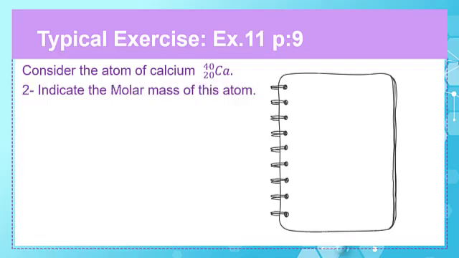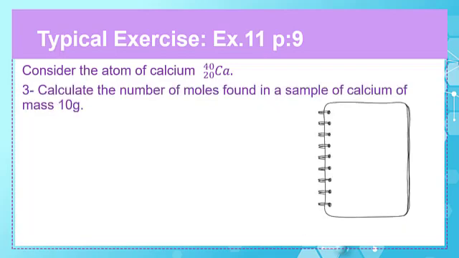Number 2. Indicate the molar mass of this atom. Also, the rule of the molar mass is M equal A gram per mole. A here is 40, so we substitute in the rule to get 40 gram per mole. Number 3. Calculate the number of moles found in the sample of calcium of mass 10 gram.